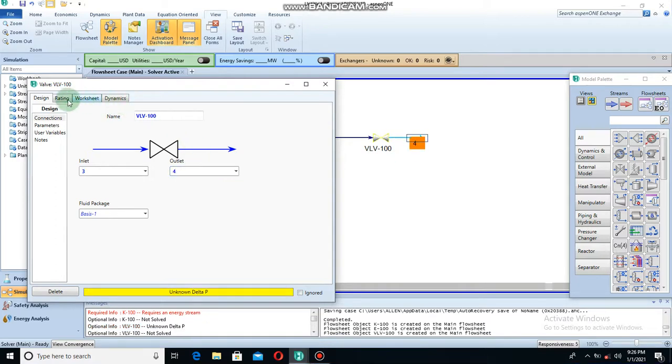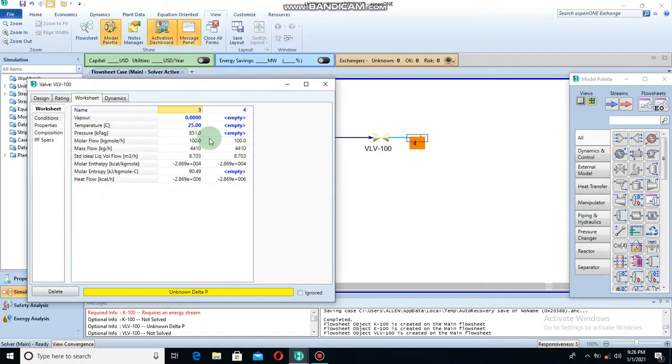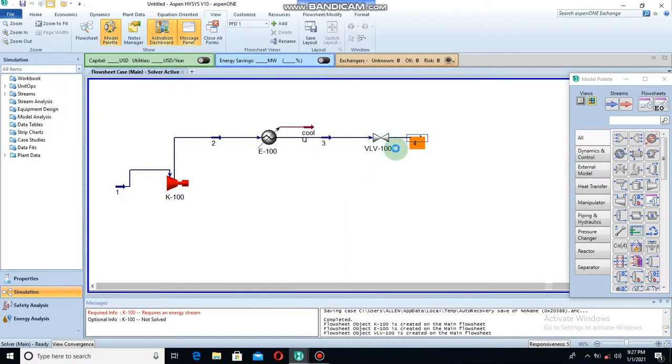We go over to the worksheet, and we want a pressure drop of 200 kPa. All right, and now we have our valve converged.